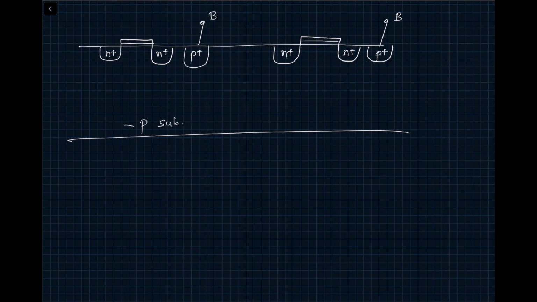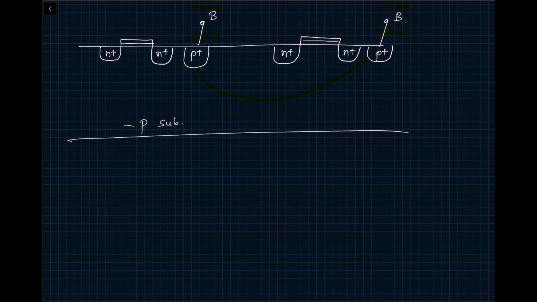So you can see that the two bulk connections between these two are shorted because P plus is going to P minus. So in a standard digital CMOS process, all the NMOSs are in the native P minus substrate. So you cannot independently control their bulk. This bulk has to be connected to the most negative potential.